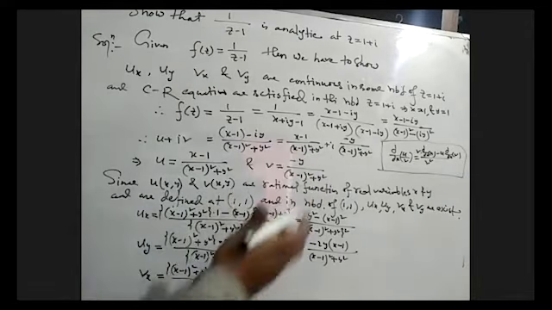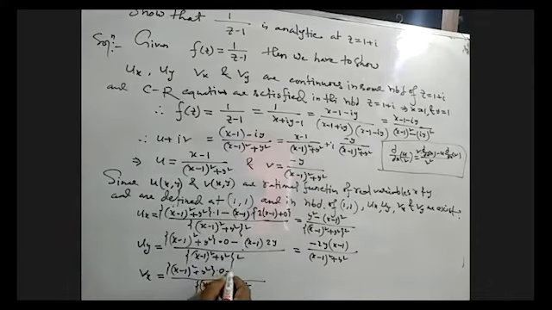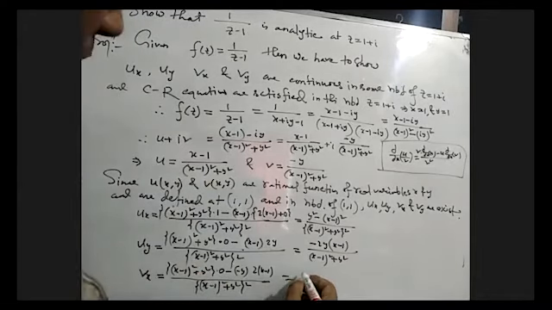So minus u into ∂b/∂x, which is twice (x minus 1). This whole 0 multiplied with everything, so the term will be 0.